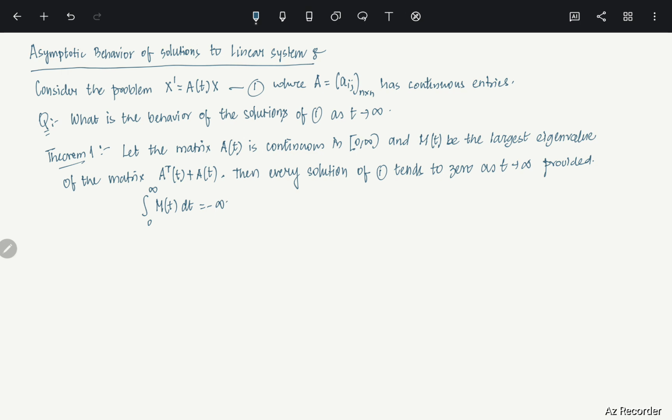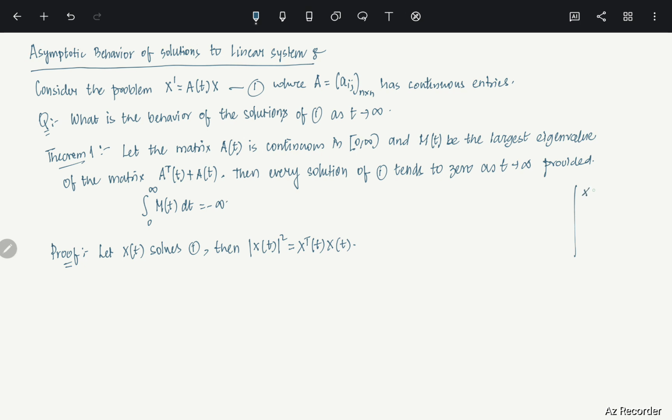Now let's look at what we are essentially trying to do here. So the proof. Let x(t) solve (1), right? Then |x(t)| squared, how can you write it? We can write it as x transpose(t) x(t).